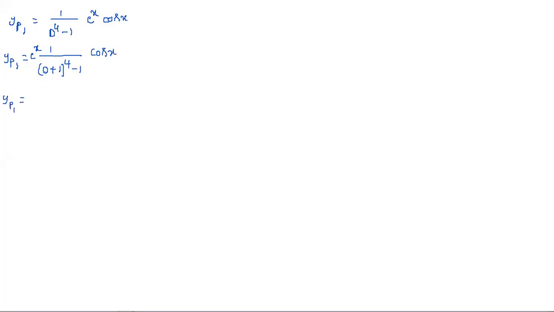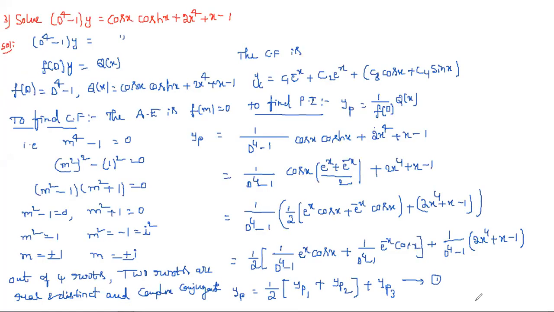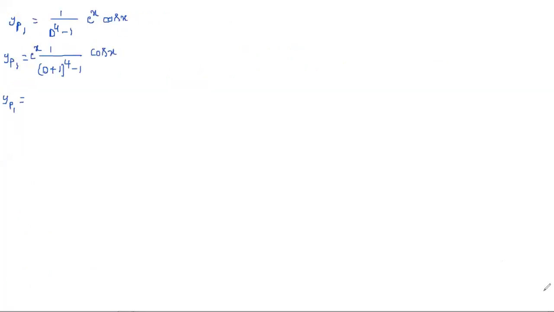Once please see here. So 1/2 into 1/(D^4 - 1) e^x cos x plus e^(-x) cos x. Now we need to simplify this one. First, the simplification is important, right?